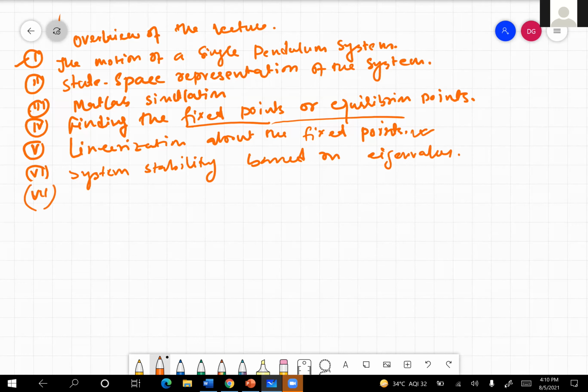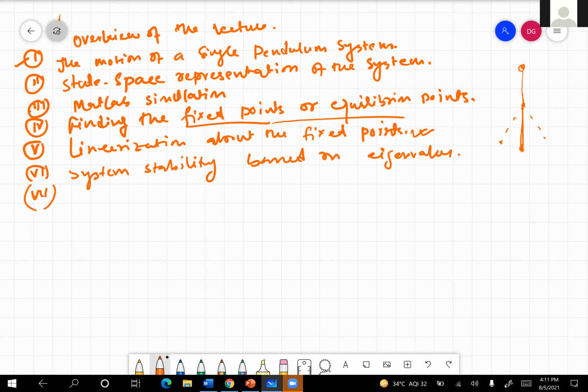And the seventh part: as for the pendulum system, I hope you have gone through this system before. Basically we have the length, and it can go in this direction, it can go in that direction, also it can go vertically up. So what are the different conditions for vertically up and vertically down? Based on the eigenvalues we can discuss.